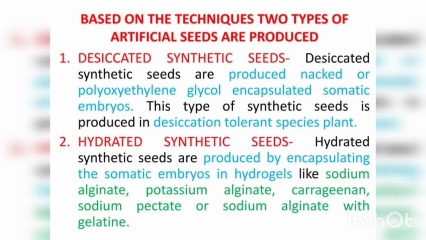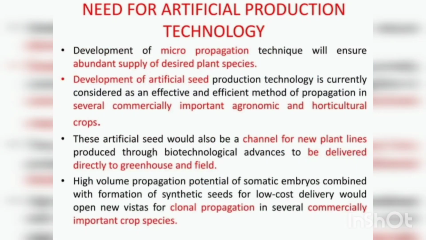So desiccated synthetic seeds are in the dried form, whereas in hydrated synthetic seeds the somatic embryos are encapsulated in some gel-like substance.